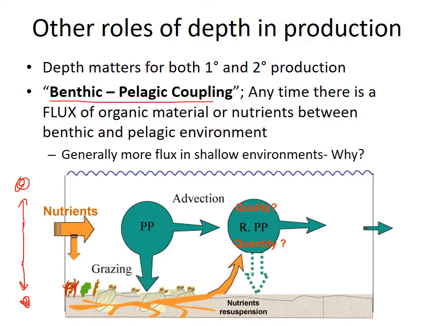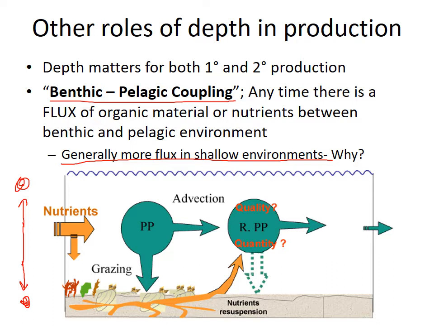benthic pelagic coupling. Any kind of link in the ecosystem between what's happening in the water column and what's happening on the bottom is called benthic pelagic coupling. So if there's a flux of organic material or nutrients between the benthic and pelagic environment, there's generally more flux between the benthic and pelagic environments when the water is shallow. Why is that? Well, it's simply because there's not as great a distance to travel.